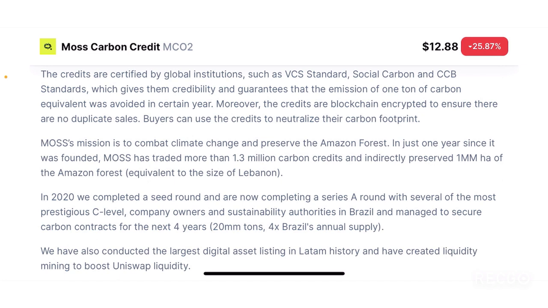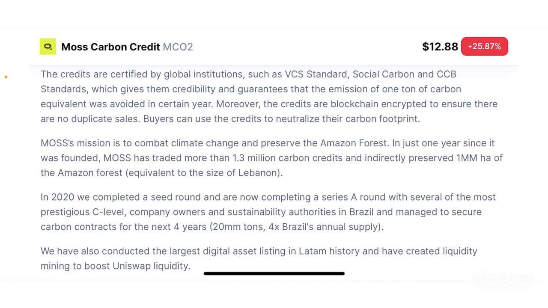So the credits they purchase from these high quality projects are certified by these global institutions, which gives credibility to what they're trying to do. So they always focus on avoiding carbon emissions through their various means, right?